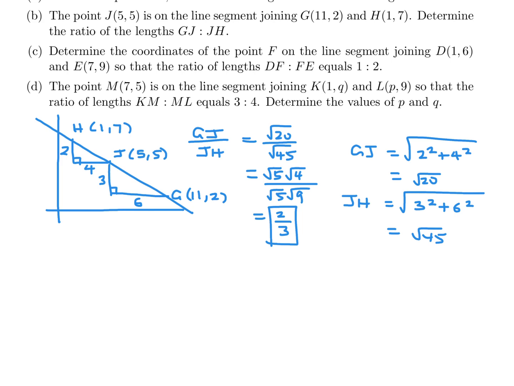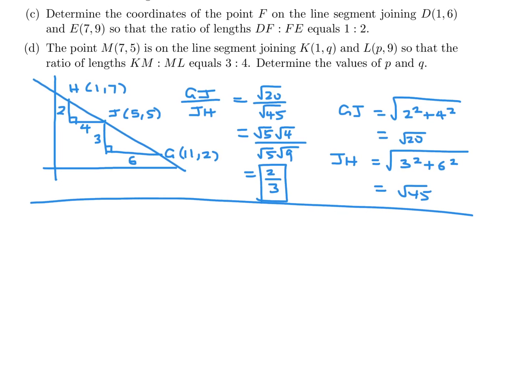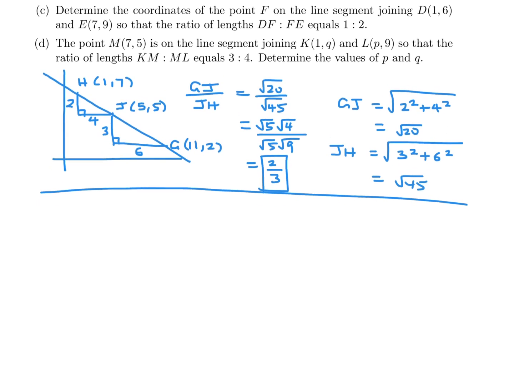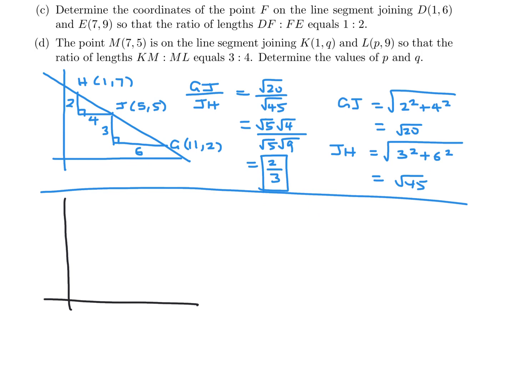Part C says, determine the coordinates of the point F on the line segment joining D and E so that the ratio is 1 to 2. All right, so again, let's see what I can do here. What are the points? D is (1, 6).